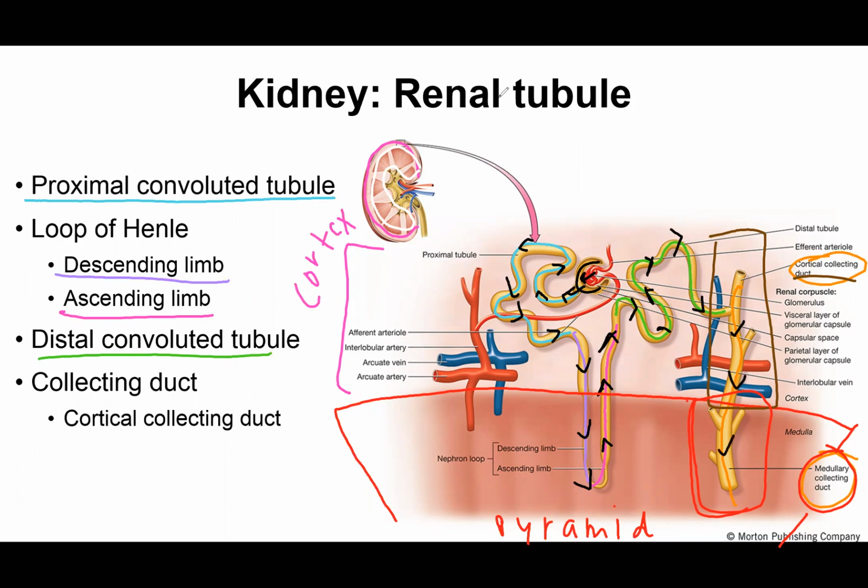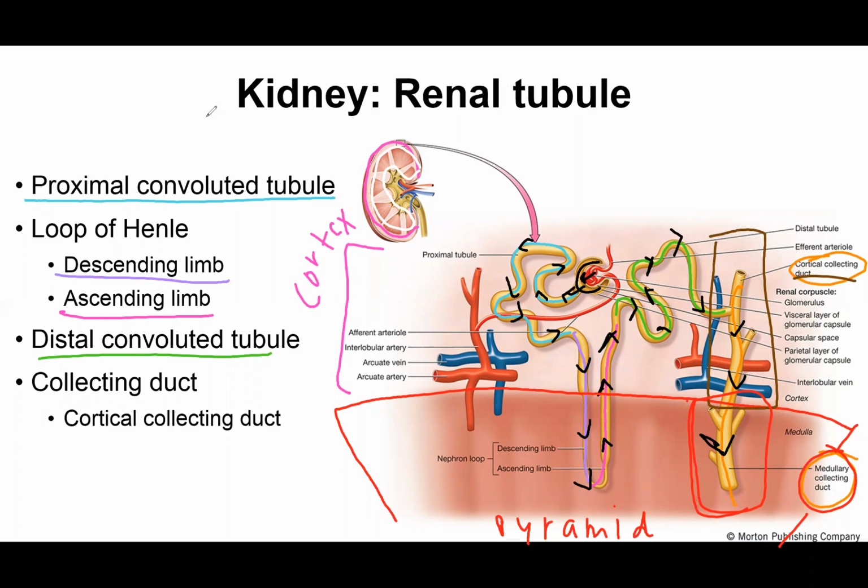It starts out up in the cortical collecting duct, and then once it passes this sort of crosshair, this change in tissue, it becomes the medullary collecting duct.